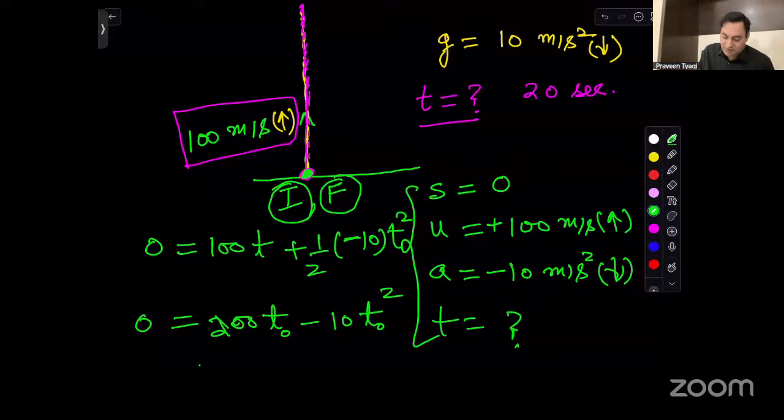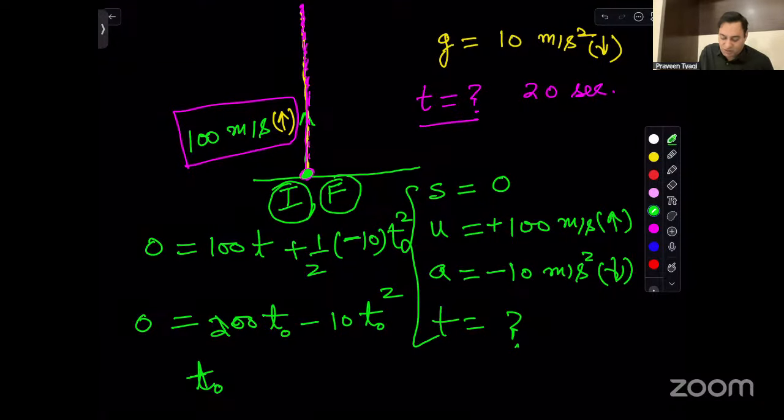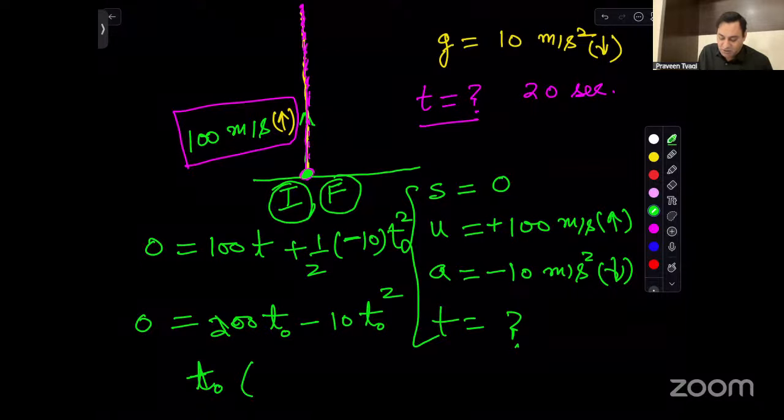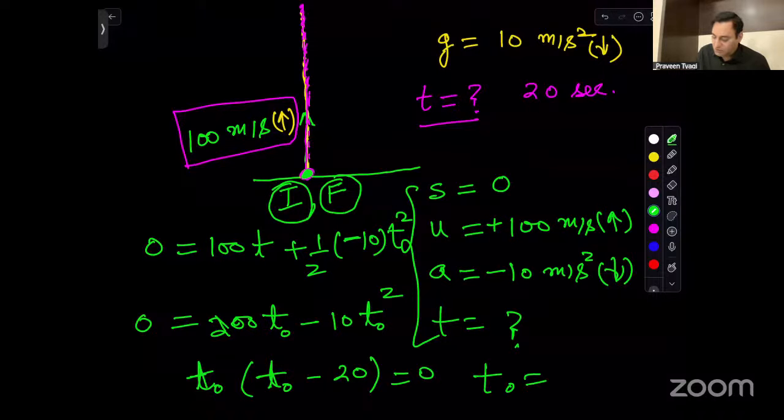Now, t equal to 0 is one solution for this quadratic equation. The other solution is t is equal to 20 seconds.